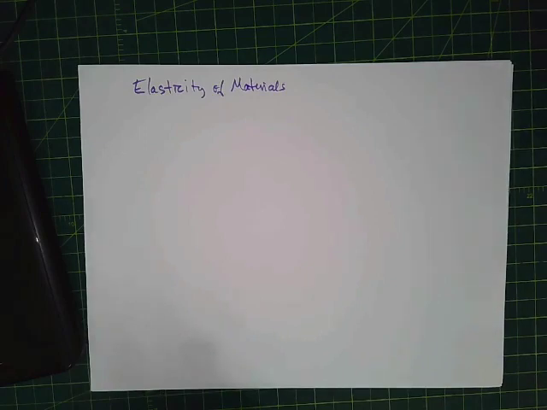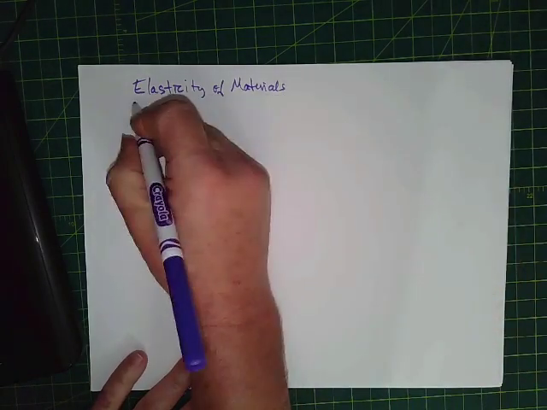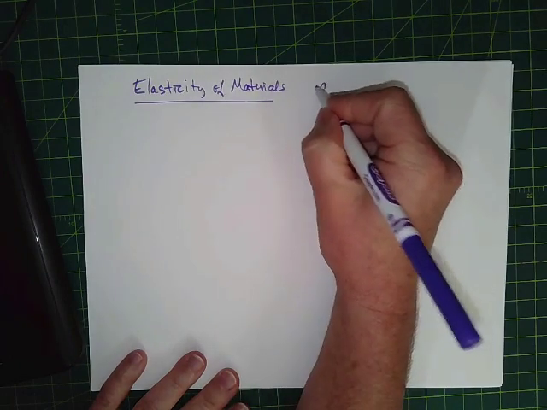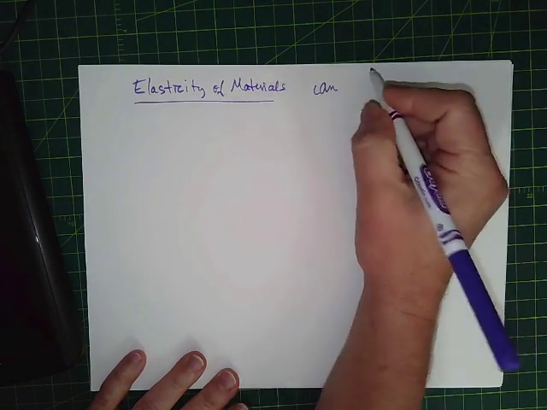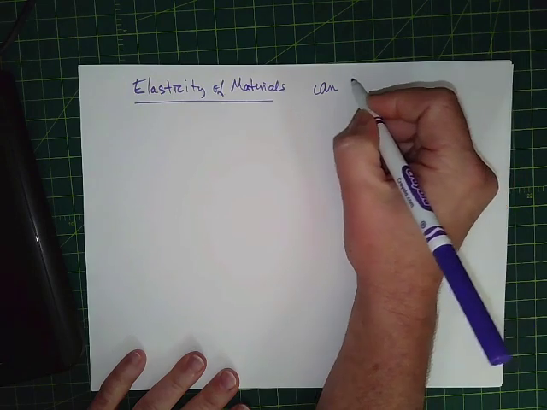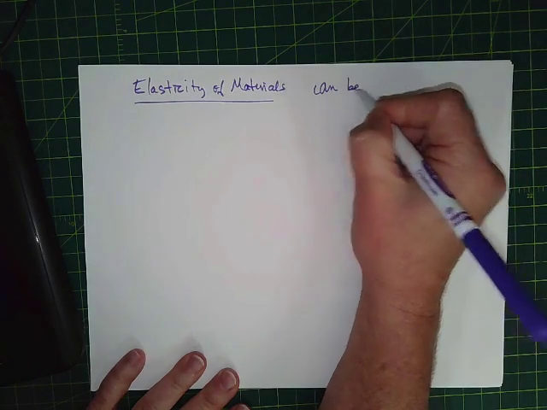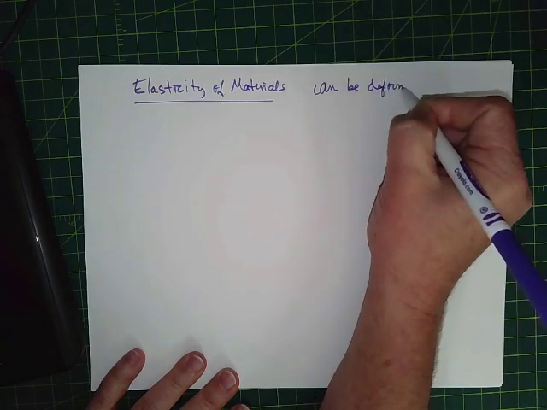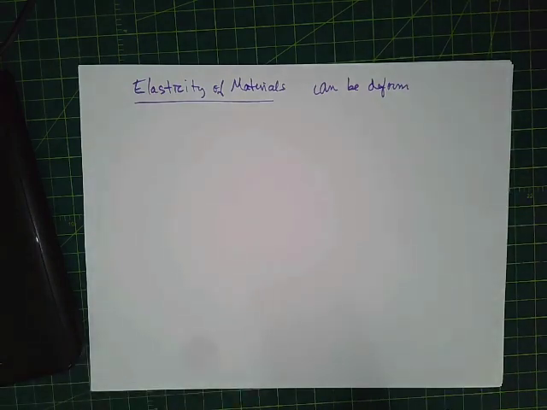But what we mean by a material that is elastic is that it can be deformed. Maybe diamond is really hard and can't be deformed very well, but they can be deformed. You put enough force on them, squish them hard enough or stretch them hard enough, and even though they seem pretty solid, like steel, they can be stretched with enough force.